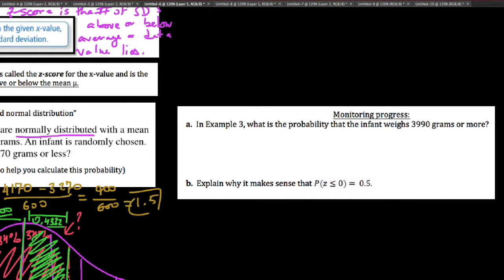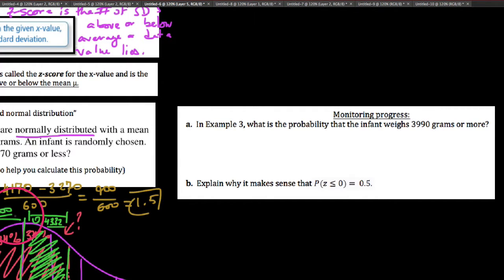So this area over here is 50% plus 0.4332. What we end up with is 0.9332. And looking at our distribution here, this makes reasonable sense that the area lying to the left of 1.5 standard deviations would be so much, because you've already got a lot of the population here, especially around the middle.